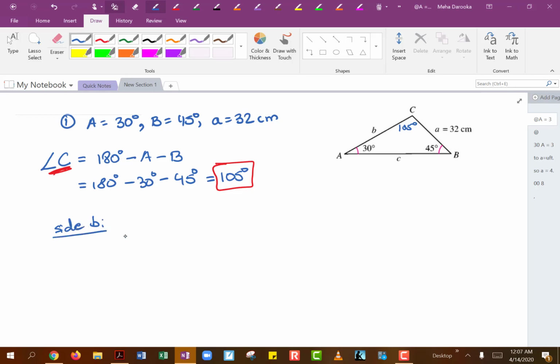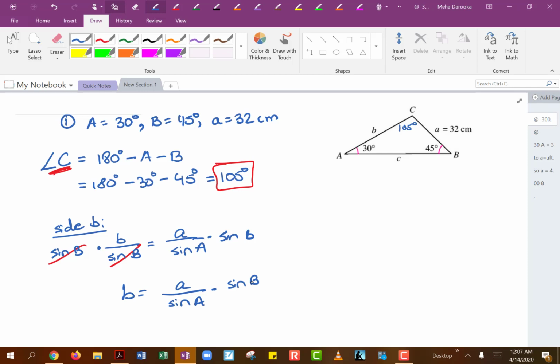Since we're finding side b, you can set this up as b over sine of B equals a over sine of A. Now we're trying to find side b, so we'll multiply both sides by sine of B. It will cancel out on the left-hand side, giving us b equals a divided by sine of A, multiplied by sine of B.